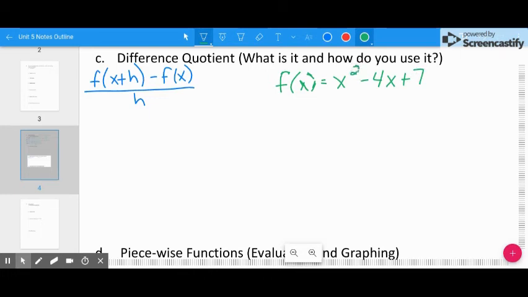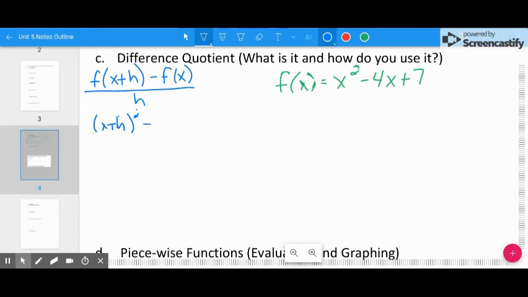So our difference quotient is really just an evaluation of two function notations. In the first part of the numerator, we're plugging in x plus h for all of the x values in our function f. And then we're going to subtract from that f of x. So if I rewrite the function f with x plus h, it was x squared, we're now going to do x plus h squared.